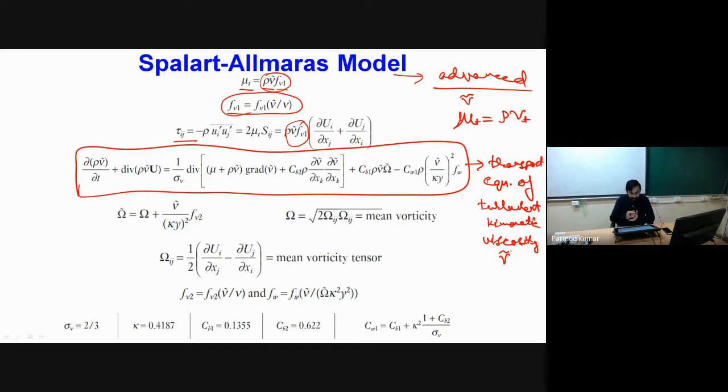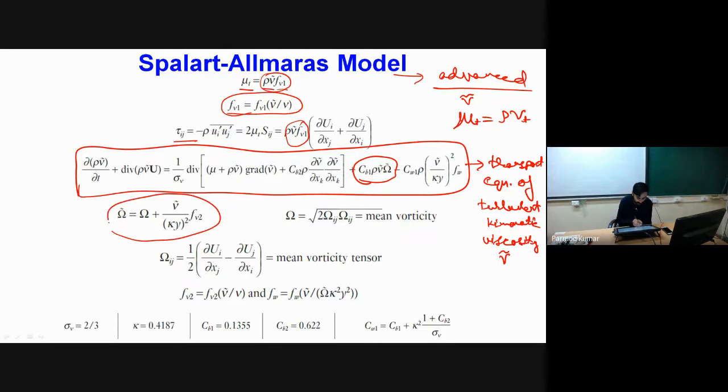By solving this equation, we are now taking care of the different values of viscosity in the different regions of the domain. Okay, and while we are solving this equation, we are considering the importance of the rotation component. So you can see over here this term CB1 rho nu tilde into gamma tilde is something which is taking care of the rotational component.